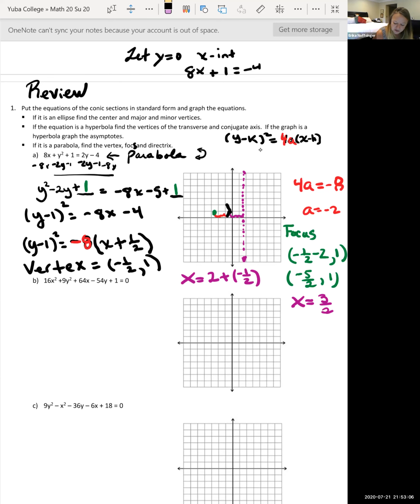If I subtract 1 on both sides, I get 8x equals -5. Divide through by 8, we get x is equal to -5/8. Okay, so it's crossing about -5/8 about here. And so we get a graph.